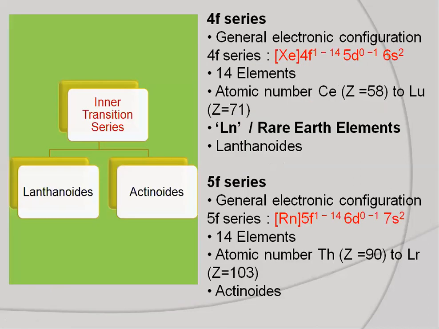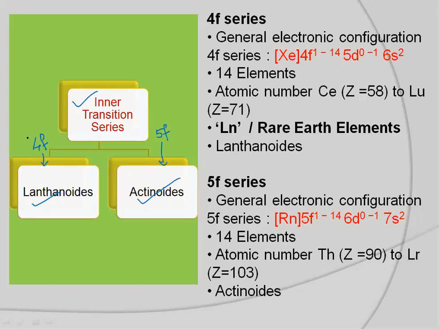Okay, so next is, we already seen that there are two inner transition series. One is known as lanthanoids and other one is actinoids. So on what basis these elements are distributed in two series? That is on the basis of your differentiating electron. That means if your differentiating electron is entering in 4f orbital, then it is lanthanoid, and if it is entering in 5f orbital, then it is actinoids.